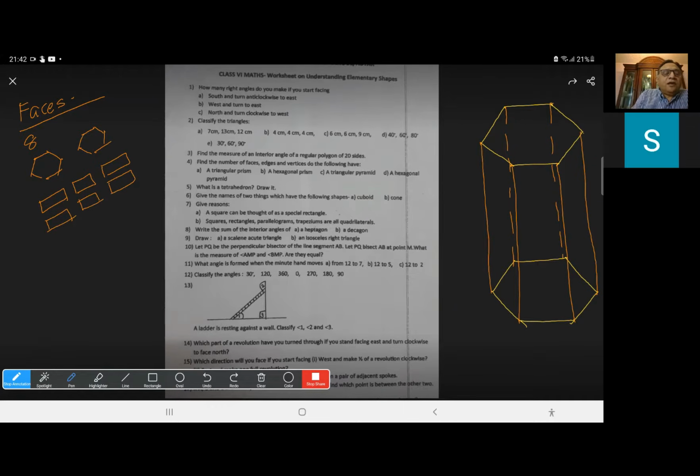So 8 in all. How many edges? Edges are these sides, right? So 6 at the bottom, 6 on the top, and 6 vertical, joining them.